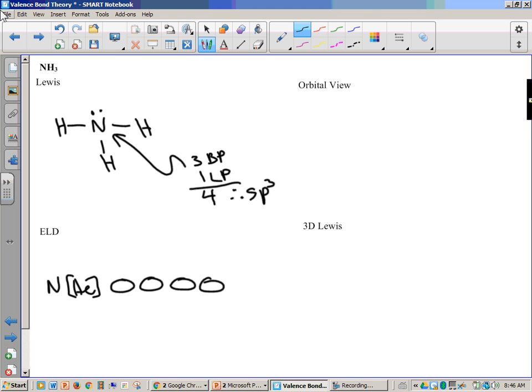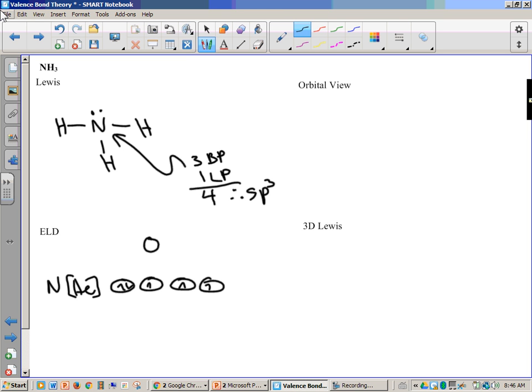We still have to distribute those 5 valence electrons. 1, 2, 3, 4, 5. And now we see that there are 3 unpaired that are available for bonding. So we're going to put some H's with that.